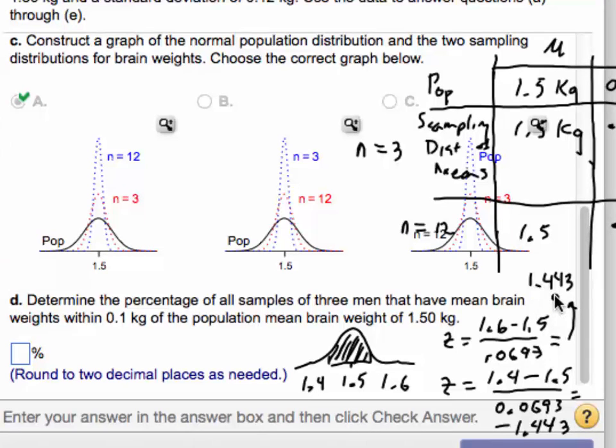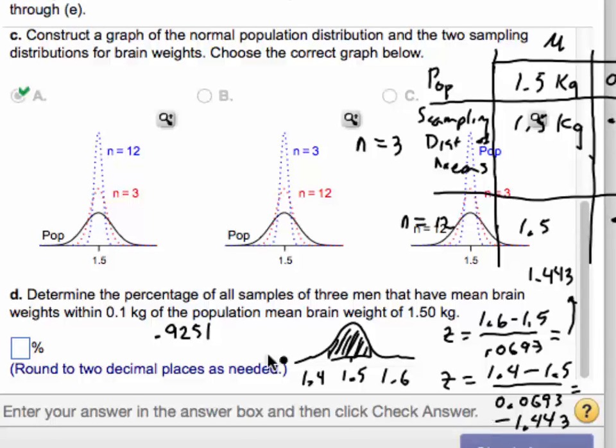So anyone got what's the area for z-score of 1.44 from the table? 0.9251. And then what about to the left of negative 1.44? 0.0749.